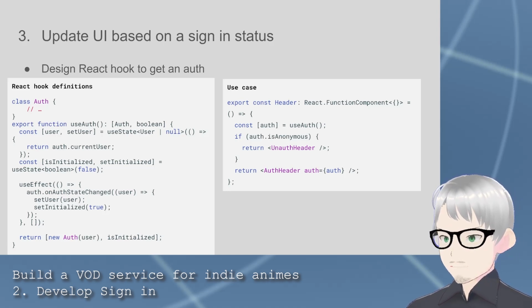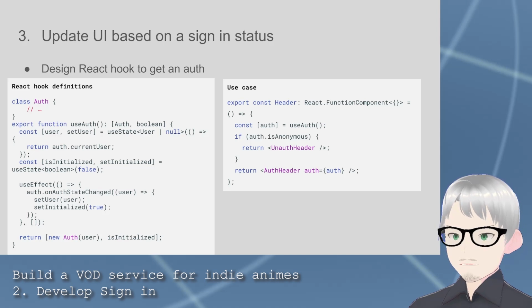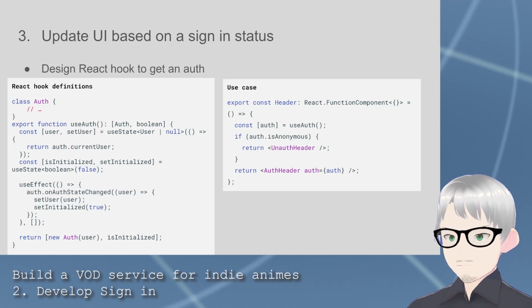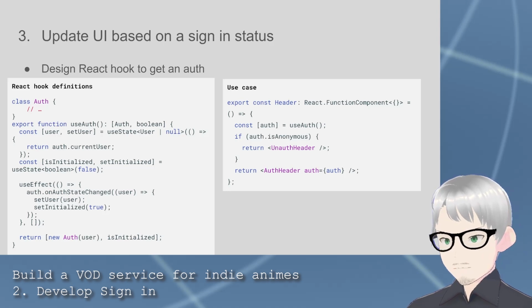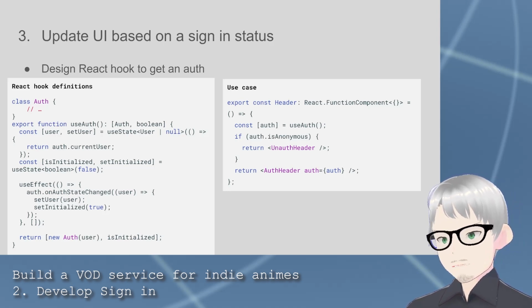I'm not sure this is the perfect solution or whether there is a flaw, but this is the current state. Basically, I define the useAuth React hook. And inside of this hook, I load the onAuthStateChanged function to trigger the user state.